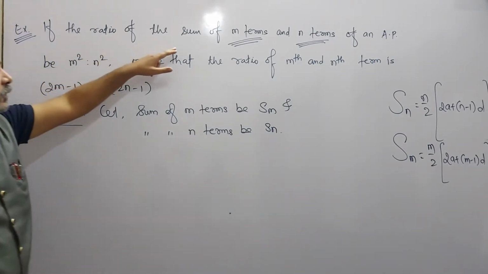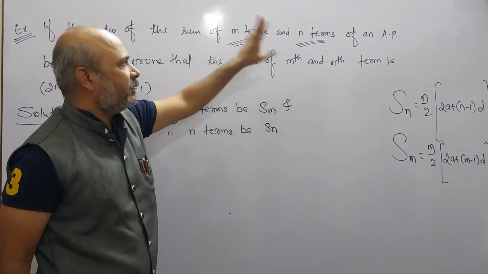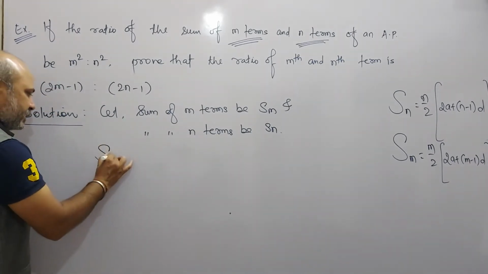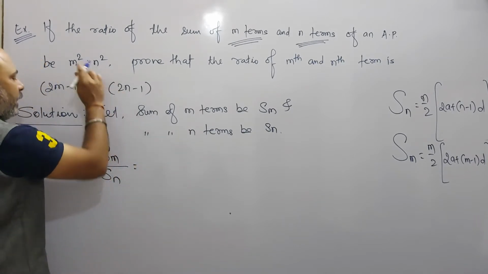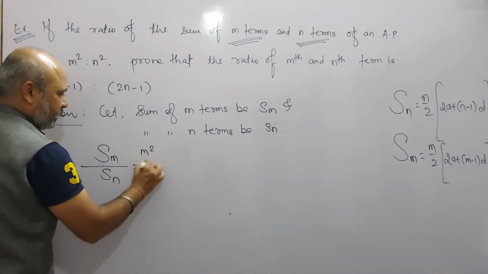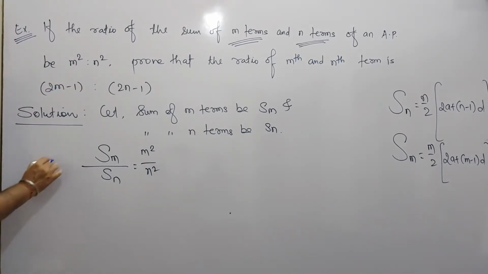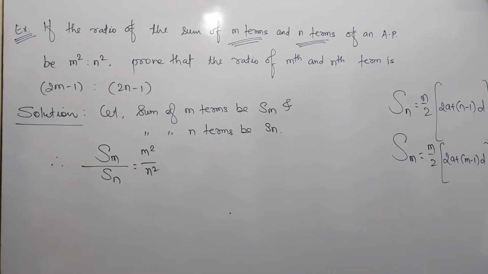The ratio of the sum of m terms and n terms of an AP is given as m square is to n square, means Sm upon Sn is equal to m square divided by n square. Right? Ratio is given to you, therefore Sm upon Sn is equal to m square upon n square.